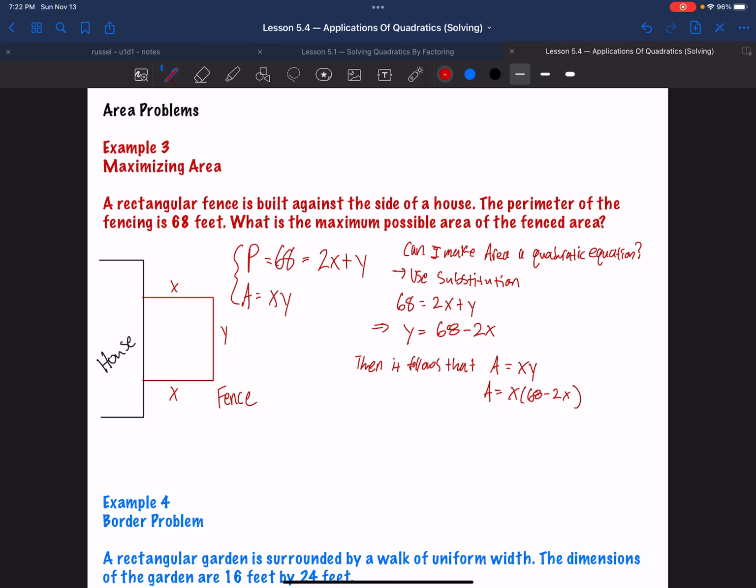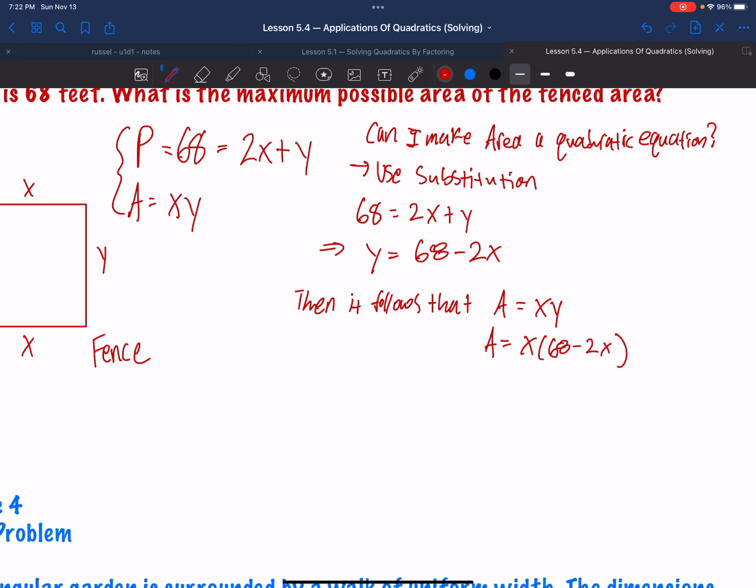And I have accomplished this by using substitution. Now, if I distribute this, I get area equals negative 2x squared plus 68x. Notice I'm putting that in standard form, ax squared plus bx. I'm distributing x, but I'm also simultaneously rearranging into standard form.